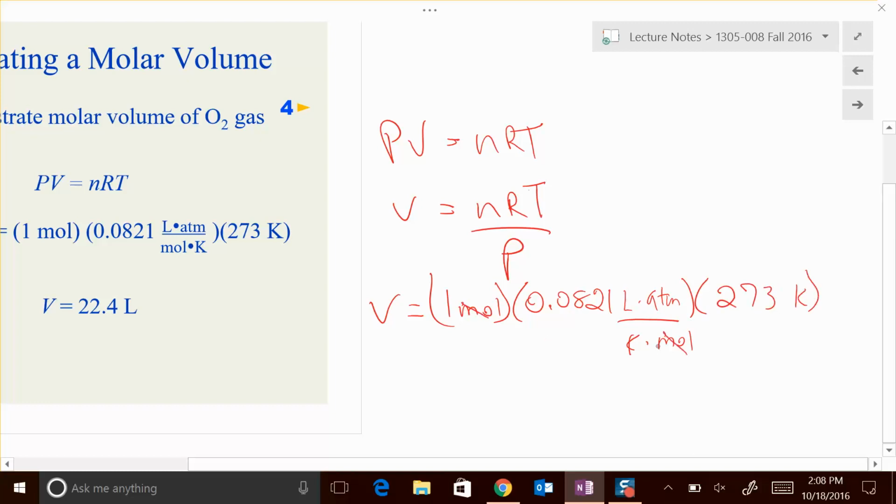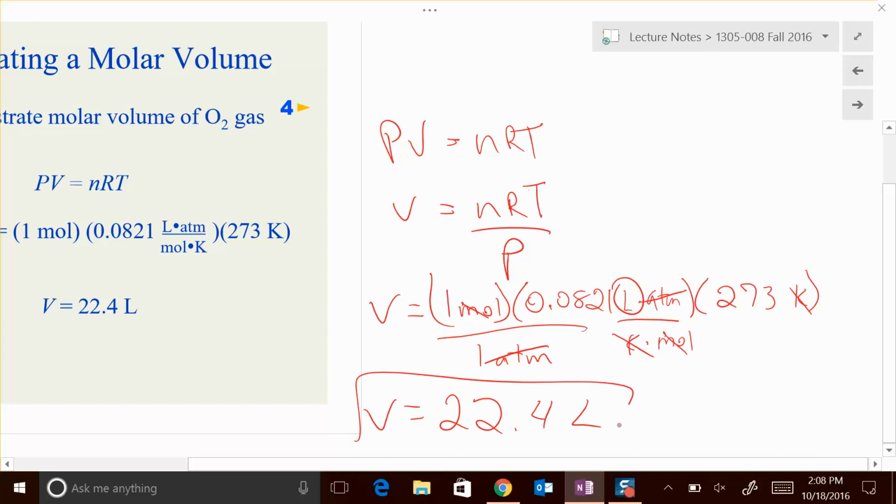My moles cancel, my Kelvin cancels, over a pressure of 1 atmosphere. My atmospheres cancel. I'm left with liters, which is what I want. So 0.0821 times 273, the volume is 22.4 liters. Always. Okay? For any gas.